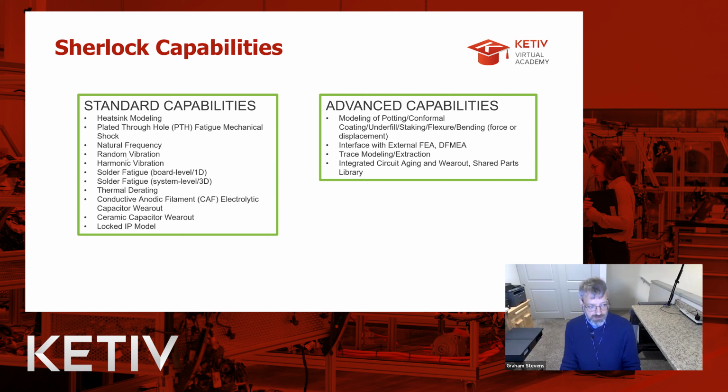And this, of course, takes into account solder fatigue, thermal derating, conductive anodic filament analysis, heat sink modeling, etc. So all the different things that directly affect reliability are accounted for in this tool and database.